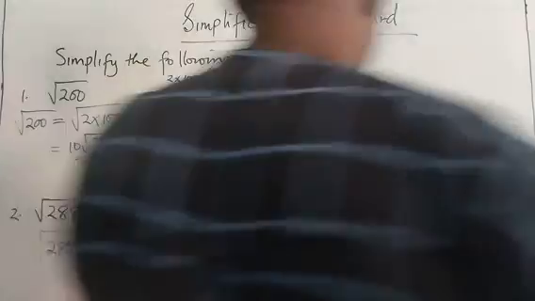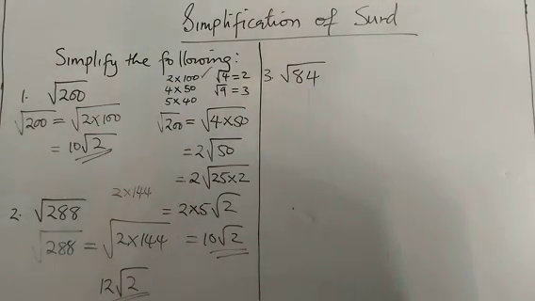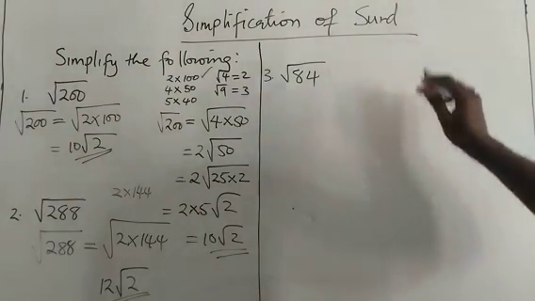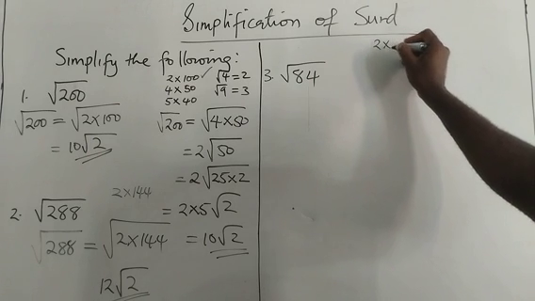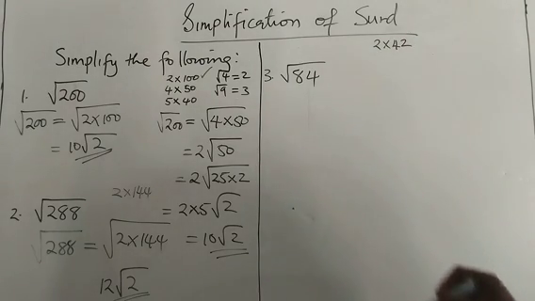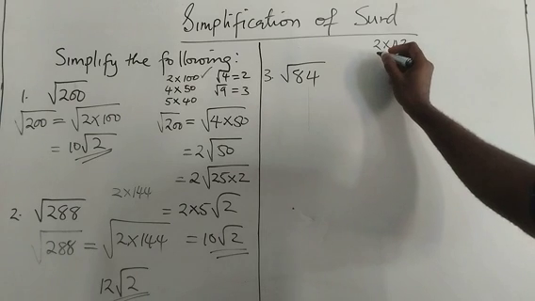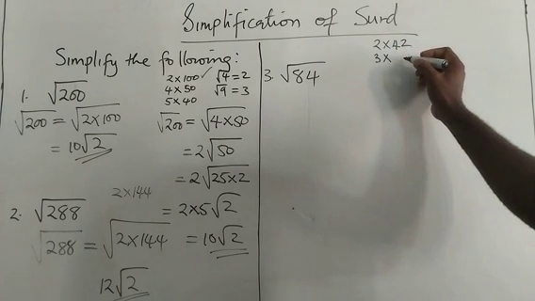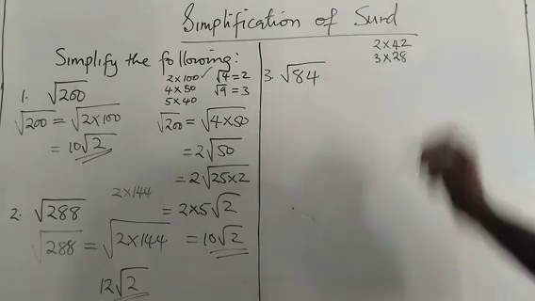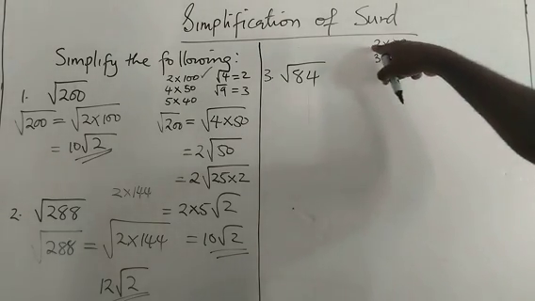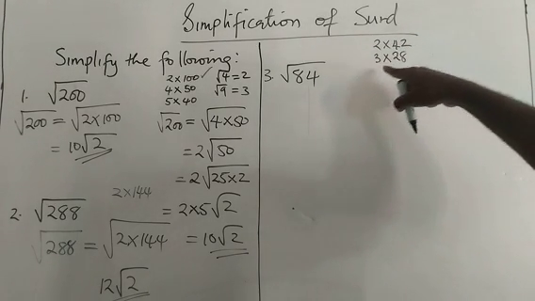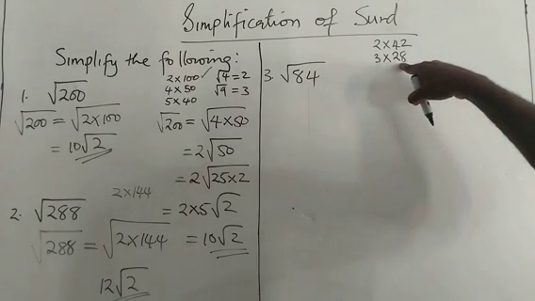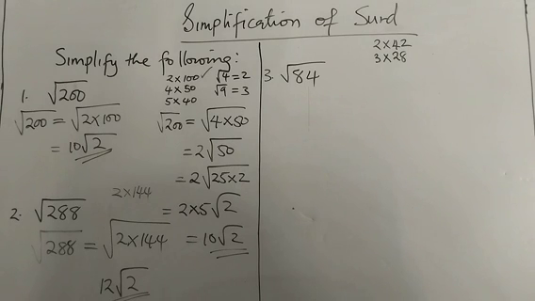Going to the third question, root 84. We'll have factors of 84, 2 times 42. We also have 3 times 28. Of course, 2 and 42, we don't have a perfect square there. Between 3 and 28, there is also no perfect square there.